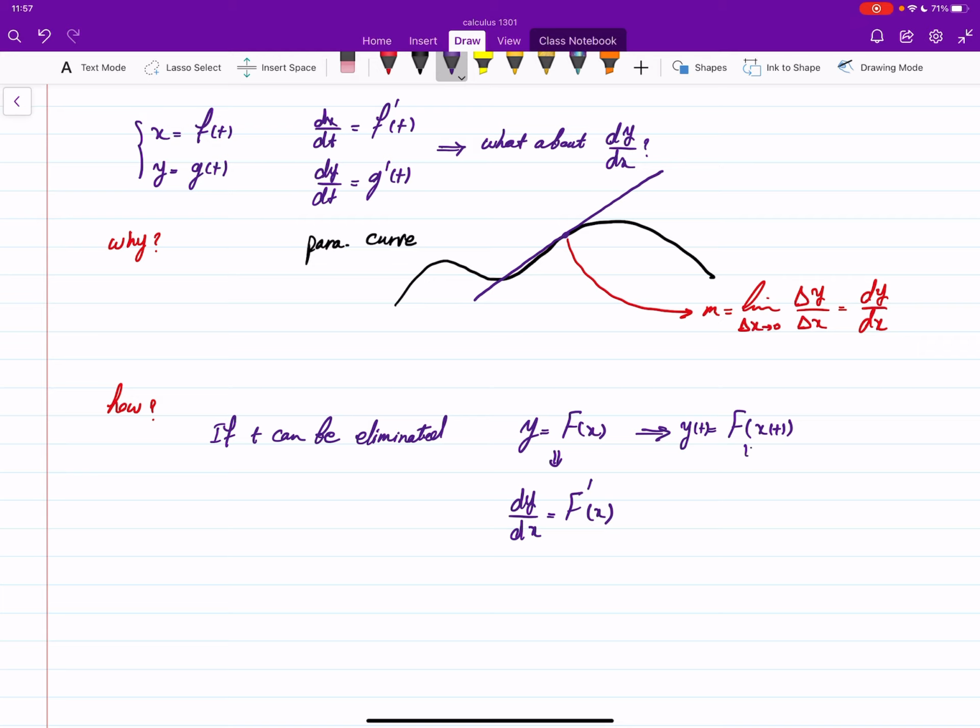But on the other hand, you see that if I differentiate both sides with respect to t, this will get closer to what we are interested in. This is dy/dt, and by chain rule, I will have f prime, the derivative of the outer one, times the derivative of the inner one.